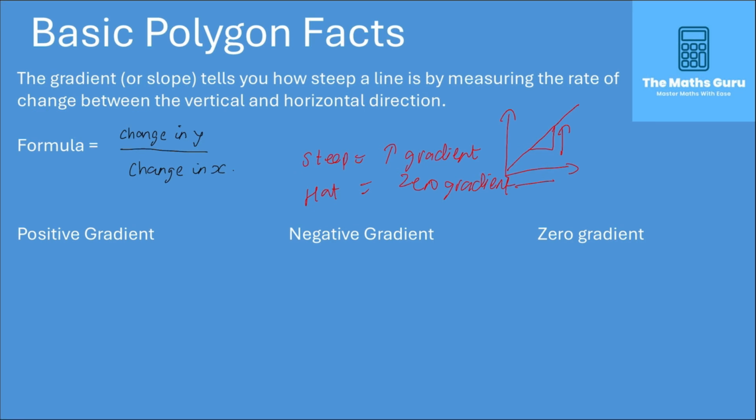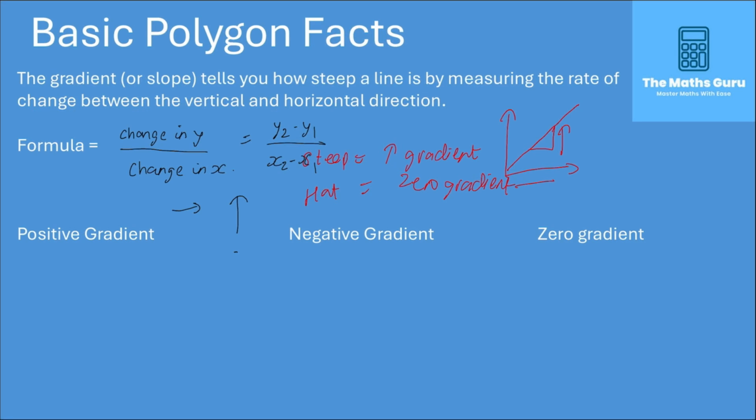So this can be further defined as y2 minus y1 over x2 minus x1. If you think about two coordinates, x1, y1, x2, y2, the difference between them is the gradient. It tells us how much it changes in the y direction divided by how much it changes in the x direction. And that is what the gradient is.